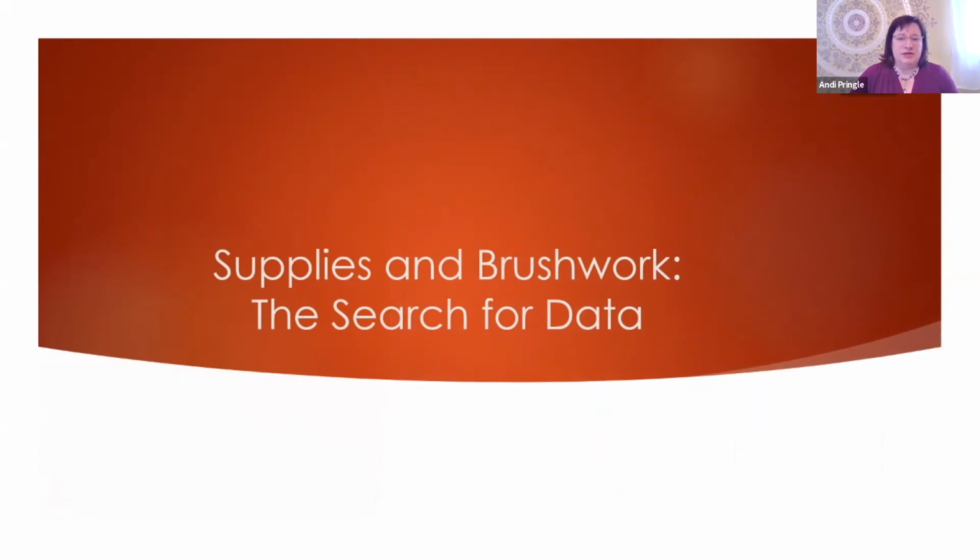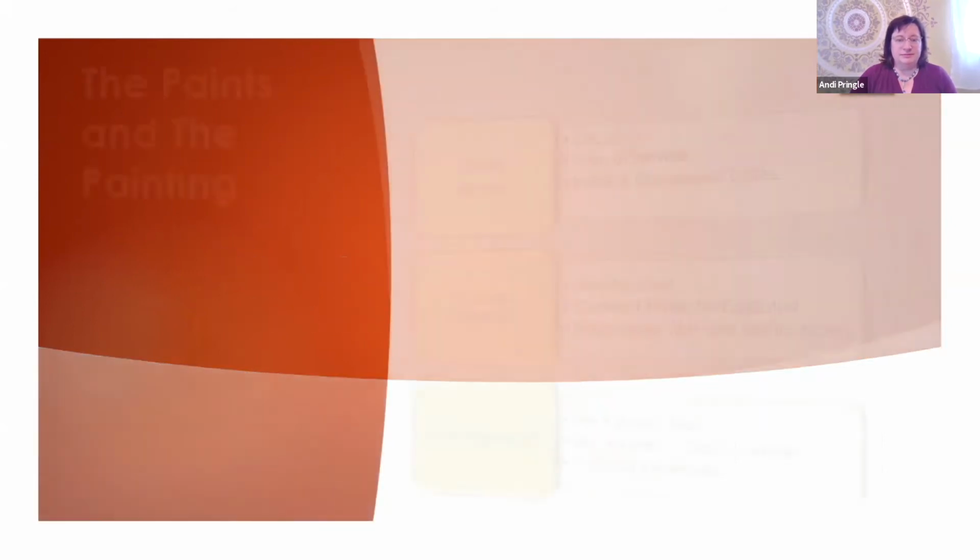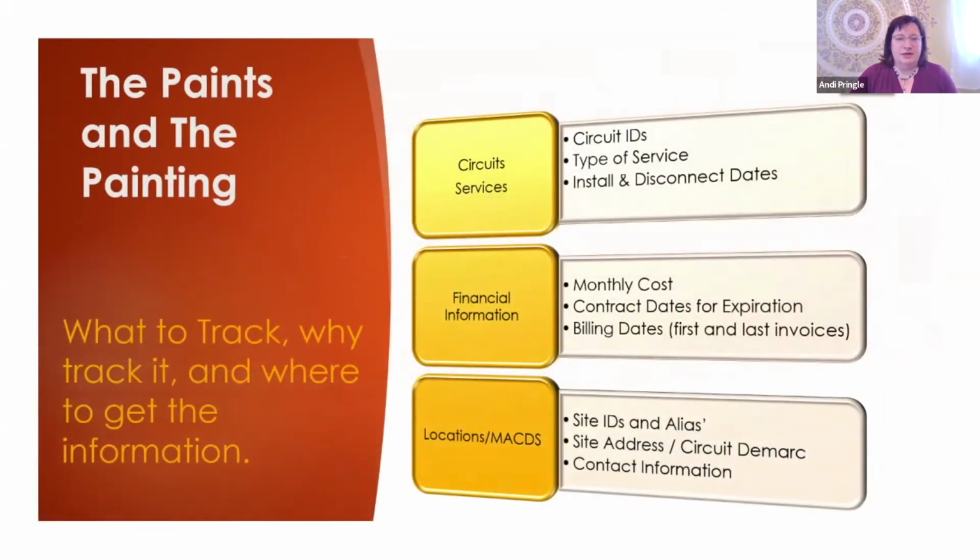In order to build a solid, sustainable inventory, what information do you need to inventory? Why do you need this information, and where do you find the information? The basic items that should be in any TEM related inventory should be your circuit information, which is your circuit IDs, types of service, install and disconnect dates.